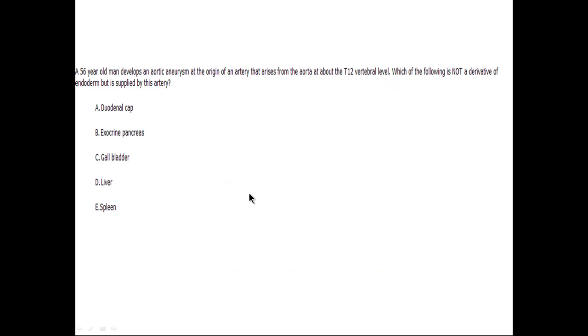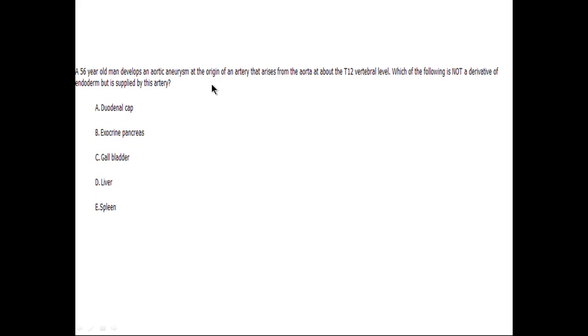A 56-year-old man develops an aortic aneurysm at the origin of an artery that arises from the aorta at about T12. Which of the following is not a derivative of endoderm, but is supplied by this artery? So something here must be mesodermal probably.